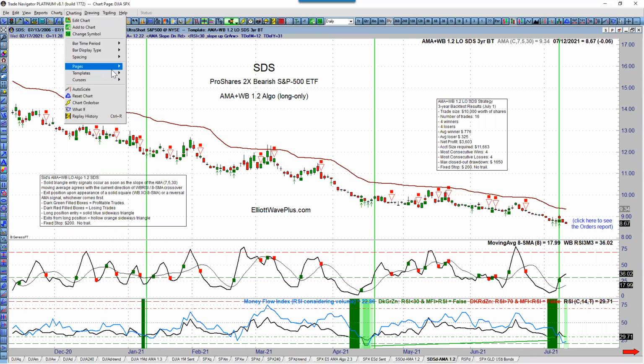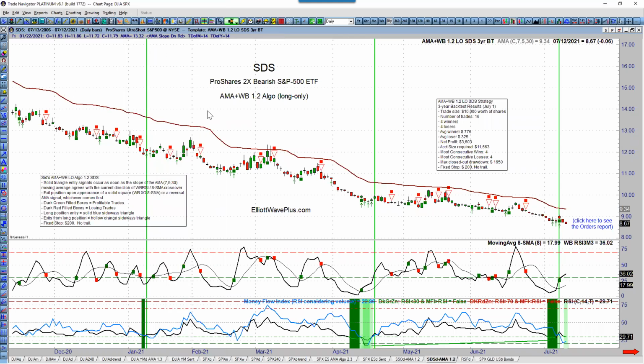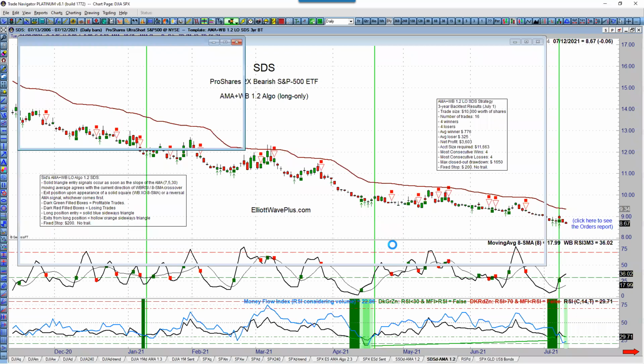Let's see. Getting back to, I want to show you some. Let me get back to the S&P. I want to show you the equity curve on the S&P really quickly, and then we'll start moving through pretty quickly. The gold algo has really been doing a good job. I want to spend a little bit of time on that.